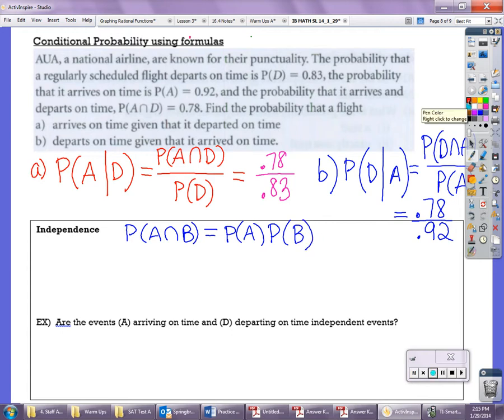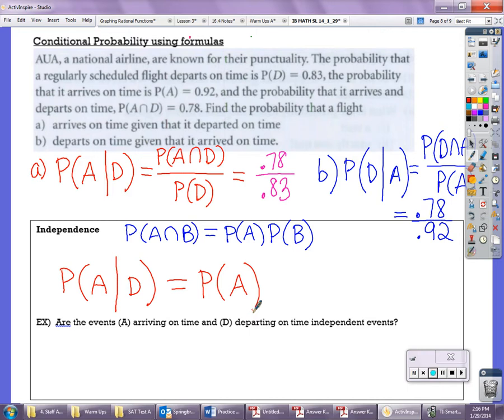The other definition of independence is that the probability of A given D is equal to the probability of A itself. So what this says is it doesn't matter that some other event, event D in this case, occurred first. The probability of A occurring still happens regardless.